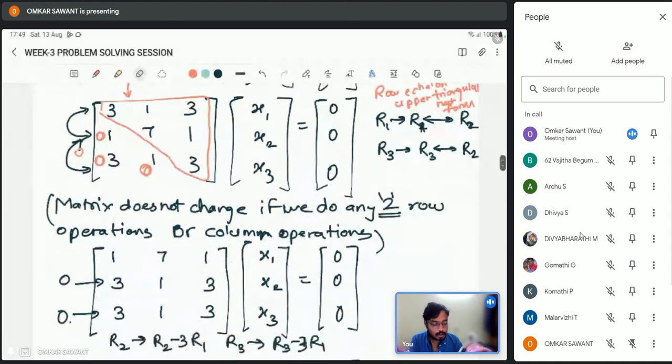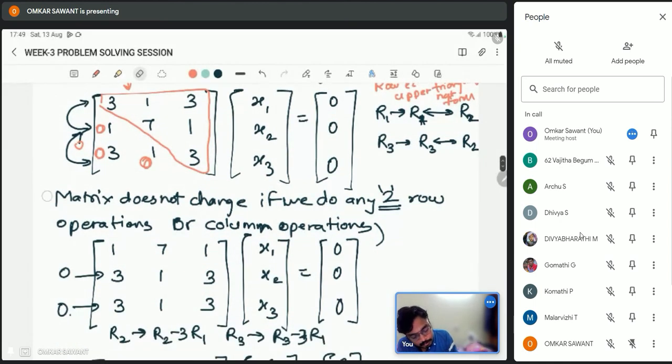We know the rule of matrix that if we swap any two rows or columns, the matrix remains the same as original. So what we are doing is replacing the first row with the second row.